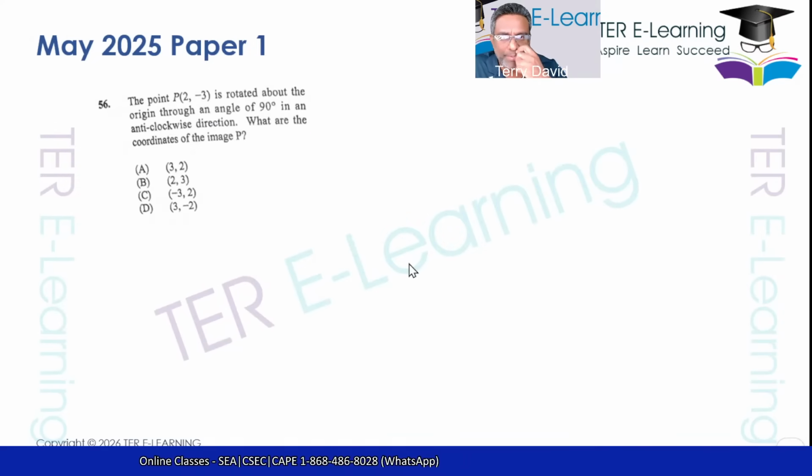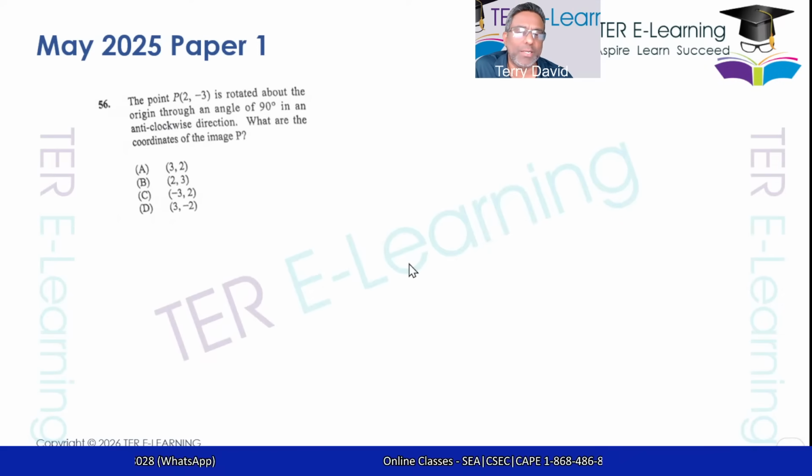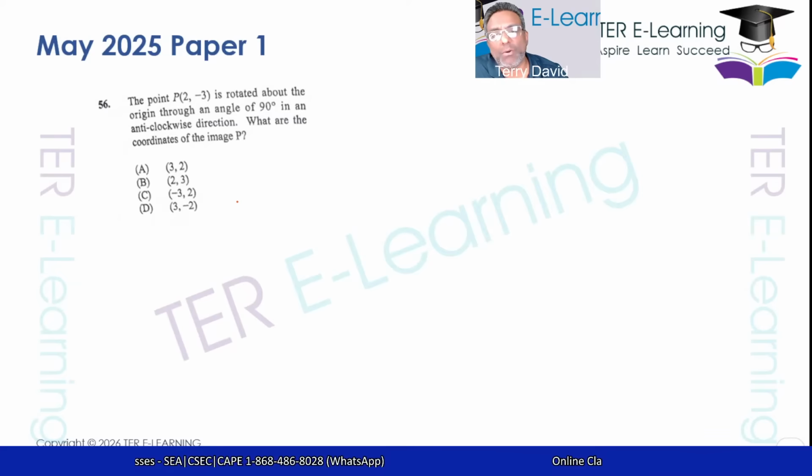All right, so we have a point P here, and it's rotated about the origin through an angle of 90 degrees in an anti-clockwise direction. What are the coordinates of the image P? Okay, now for this particular question here, some students might try to reason it out like this.